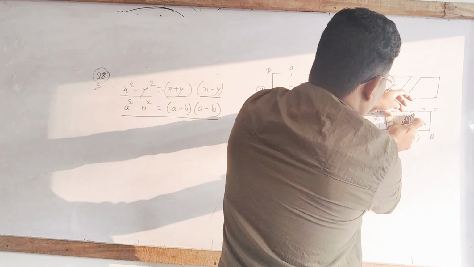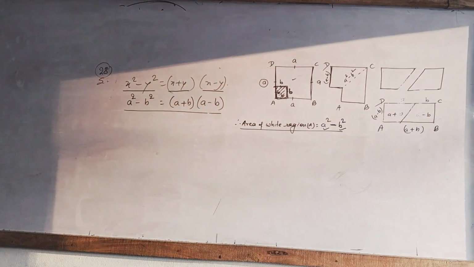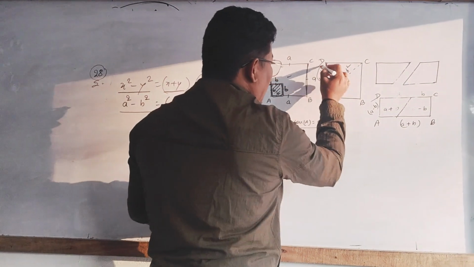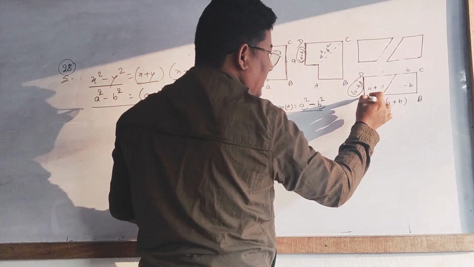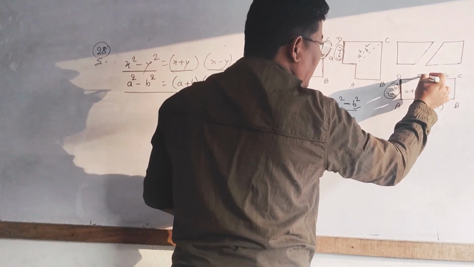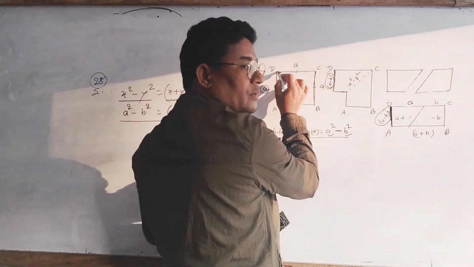Now, in the rectangle shape, this breadth is A minus B. And this is A, no?